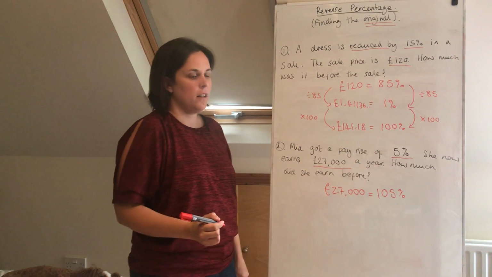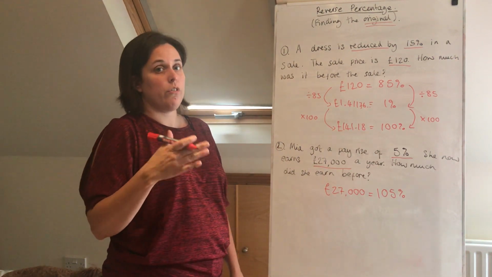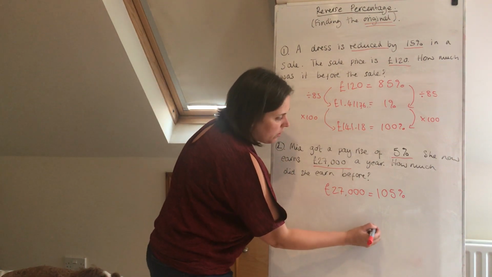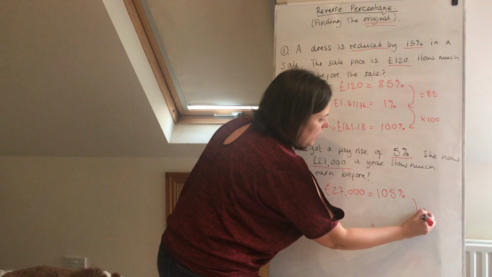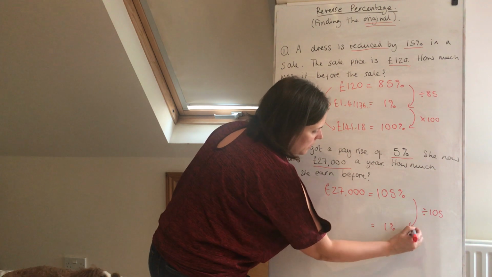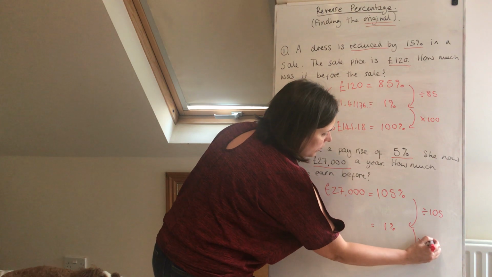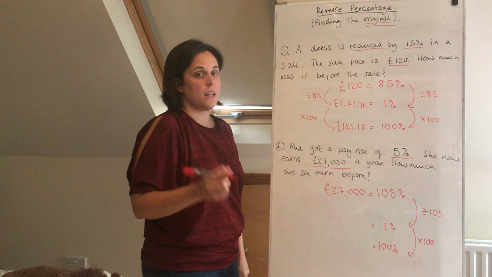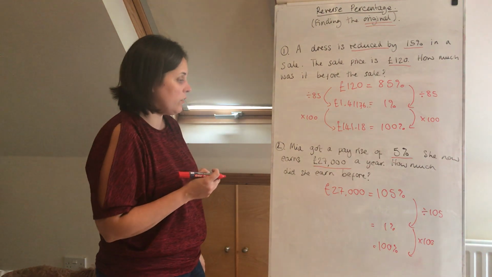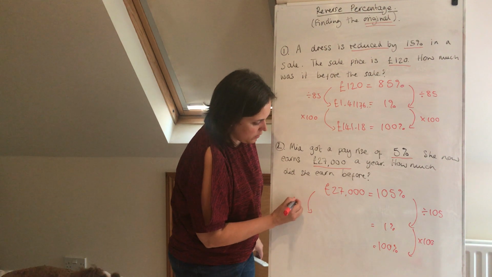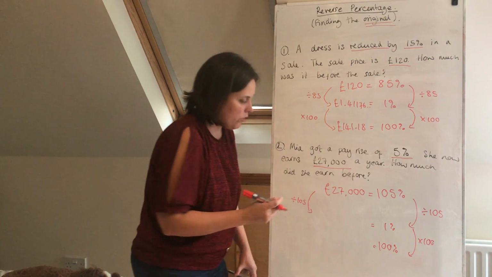Okay. Now I want to change 105% into 100%. So, simple way of doing it, divide by 105, that gets me 1%, and then times by 100, that gets me 100%. And the 100% is the original, and that's what I'm after. So we do the same over here. I'm going to divide by 105.